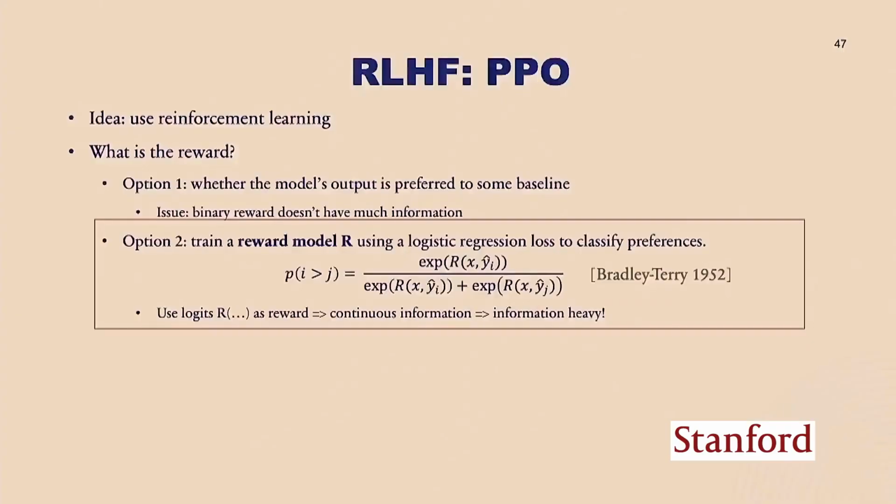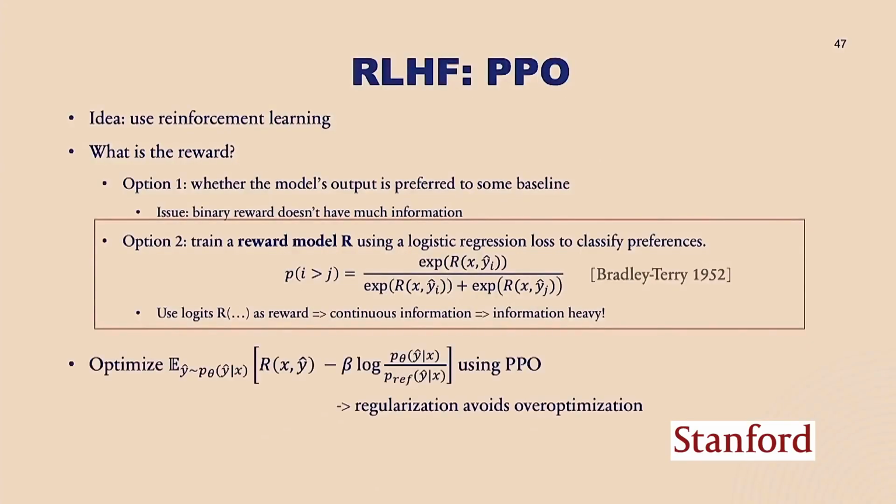Great. So as I just said, continuous information says better. So that's what people use in practice, or at least used to use in practice. I'll tell you about the other algorithm later. So what you do at the end is that you basically try to just use reinforcement learning that you know about. Now we know we have our reward. What you sample through is the generation from your large language model.